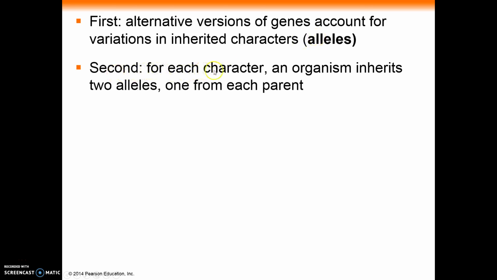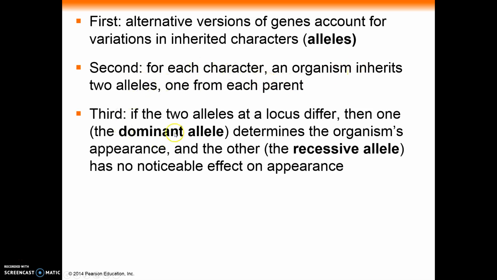So second, for each character, an organism inherits two alleles, one from each parent. They might be the same or they might be different. So one allele might be white, the other might be purple, they may both be purple, but you only get one from each parent.